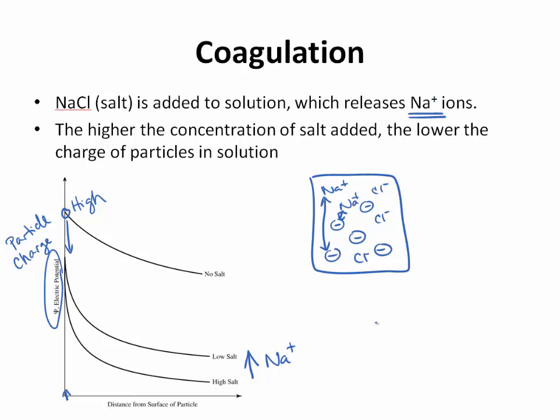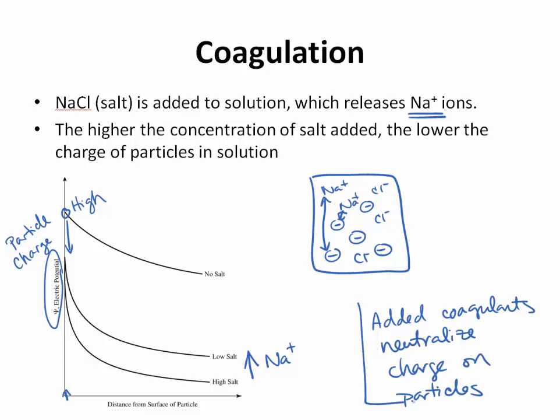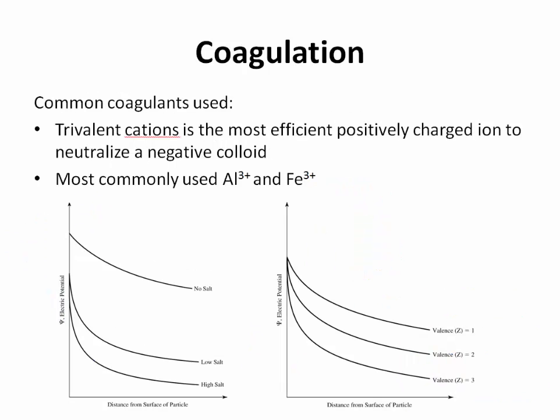So the addition of coagulants neutralizes charge, and that is the definition of coagulation. Now, sodium chloride is not a typical coagulant that's used in water treatment because it would make our water salty. It is also fairly inefficient. I show you the figure I just showed of sodium chloride being added.